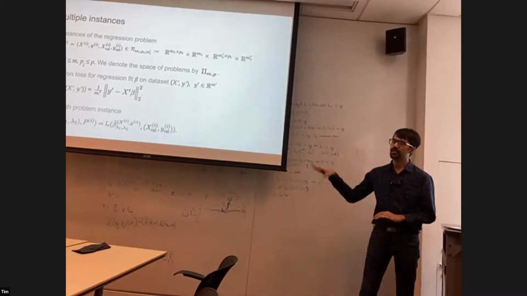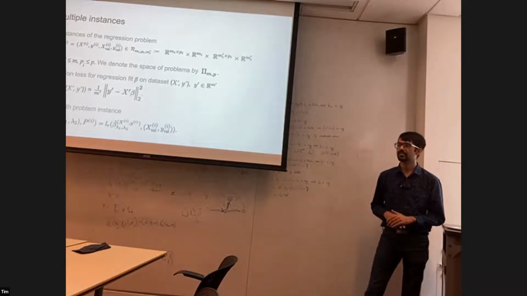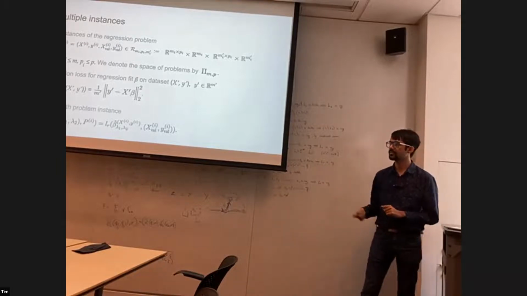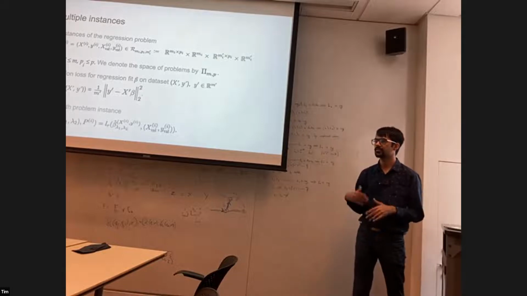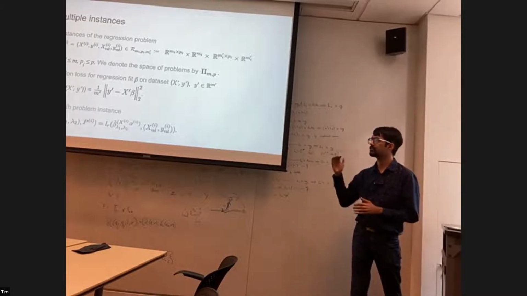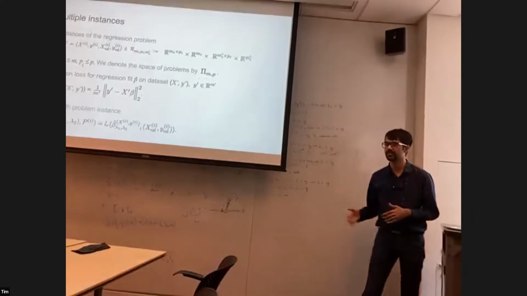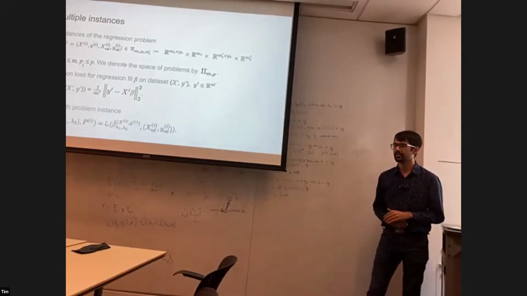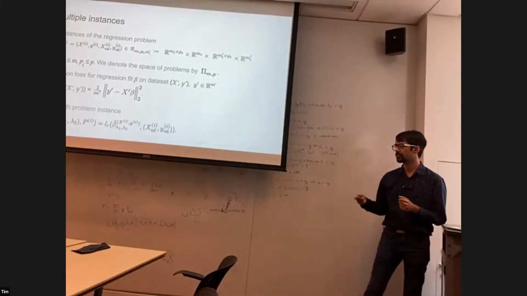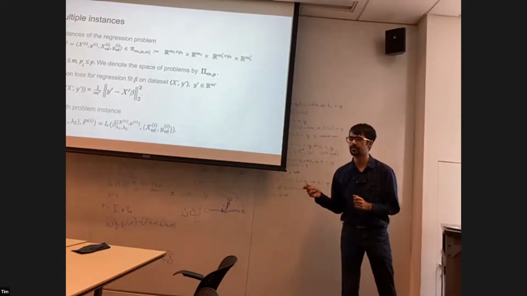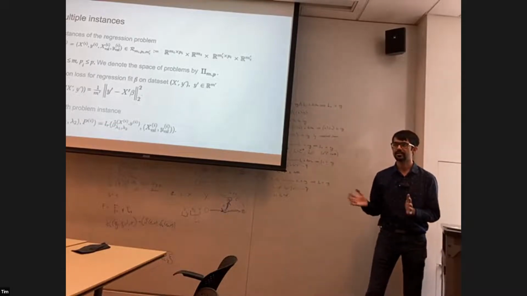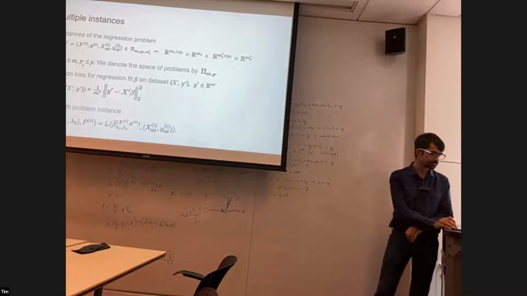So that captures several settings of interest. For example, cross validation, which is the most common thing. There are also several multitask formulations where each problem instance comes from related tasks, which is also captured by our setting. We want to identify values of lambda and lambda 2 which work well for several different but related tasks.